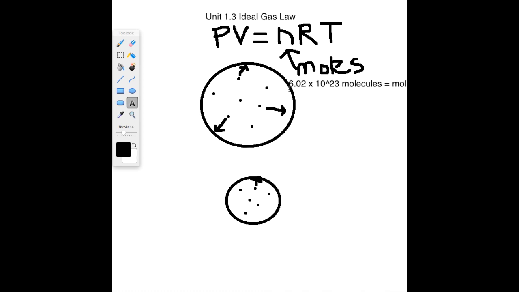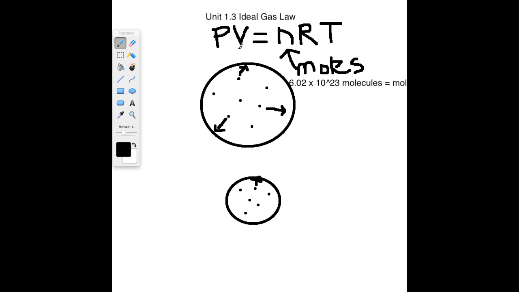T is temperature, and R is a constant, which means it's a number that isn't going to be changing with everything else. Now, what do I mean that everything's related?